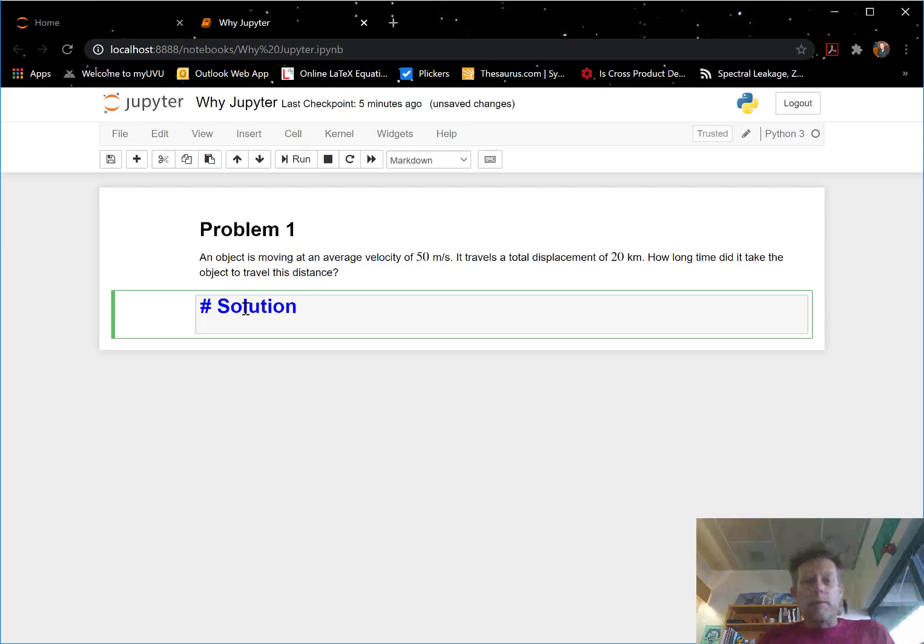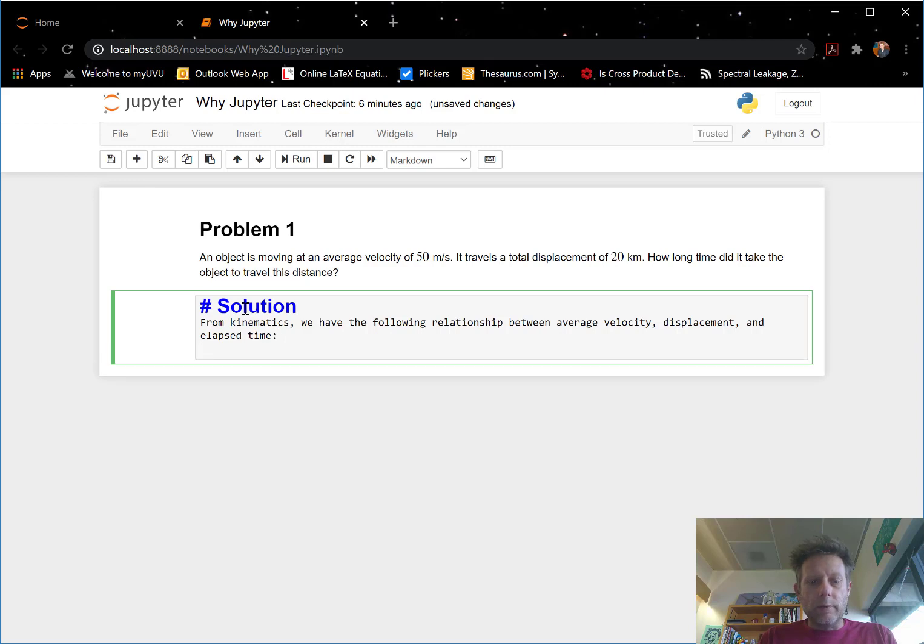So the solution to this problem here is to say from kinematics we have the following relationship between average velocity, displacement, and elapsed time.